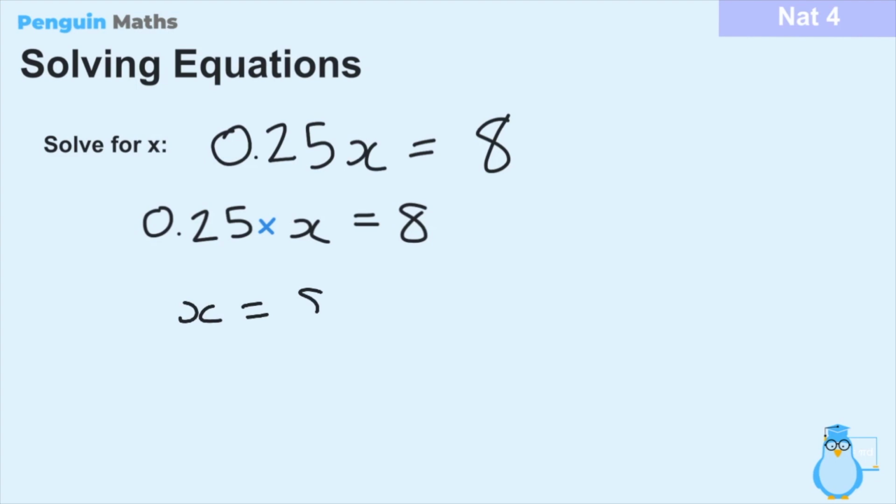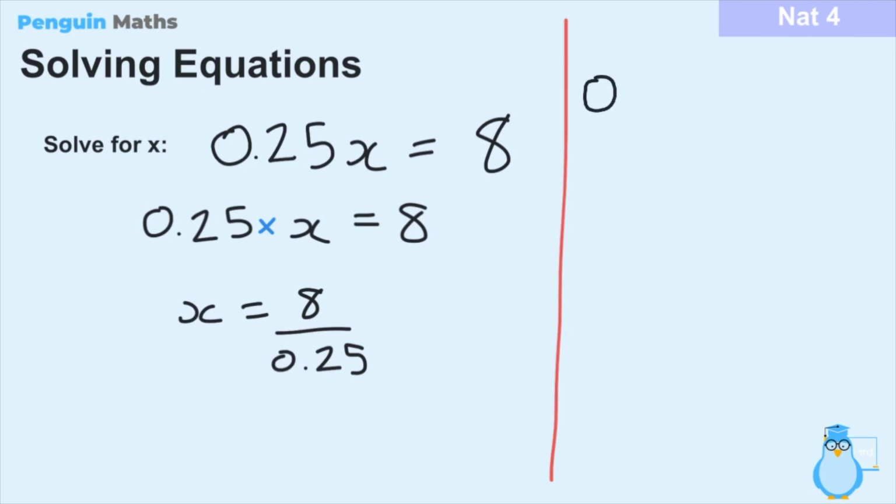We will have 8 divided by 0.25. Now this is the sort of question we might get asked to not use a calculator for, and you might think, how do we go about doing this? How do we divide something by 0.25? Well, what we can do is convert this 0.25 into a fraction form, because just now it's in a decimal, and if we convert this into a fraction, it means we can solve this a little bit easier.